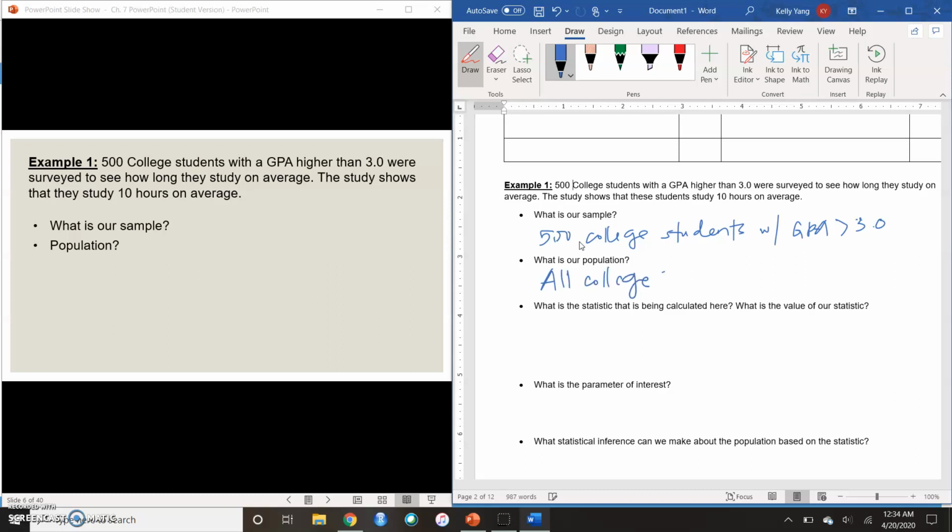So the population for this problem would be all college students with a GPA greater than 3.0.